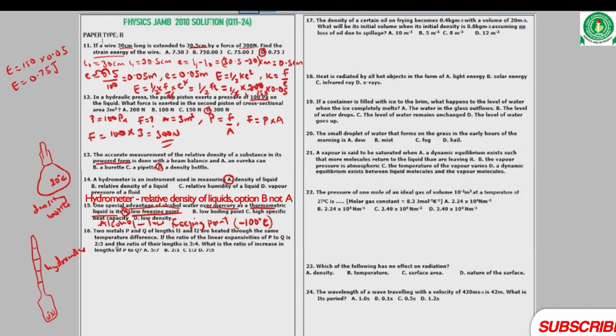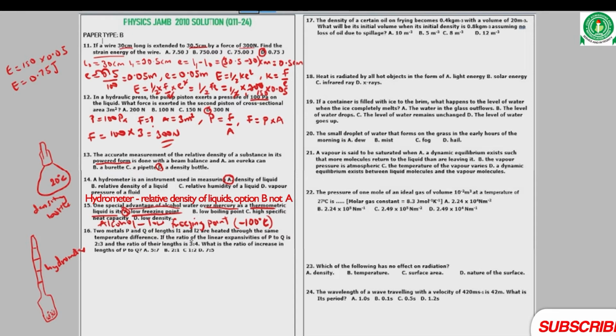Now the next question, question number 16, says: two metals P and Q of length L1 and L2 are heated through the same temperature difference.